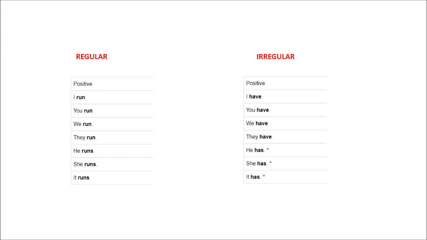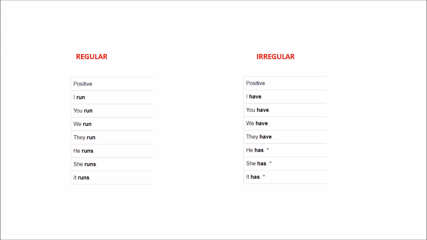For example, in a verb like speak: I speak, you speak, we speak, they speak, he speaks, she speaks, and it speaks. You add the s. It doesn't matter if it's regular or irregular. It is the rule for almost all the verbs, with only a couple of exceptions, but most of them are like this.